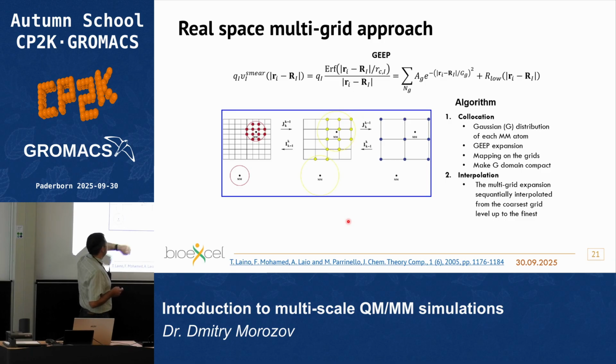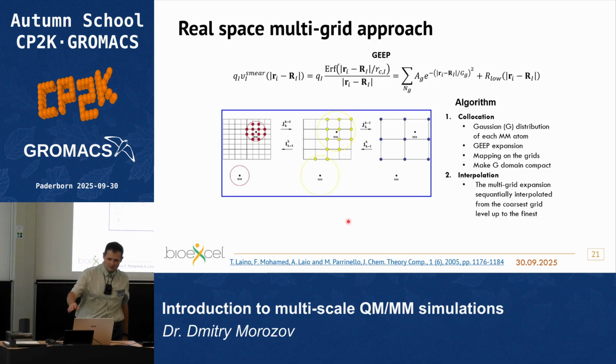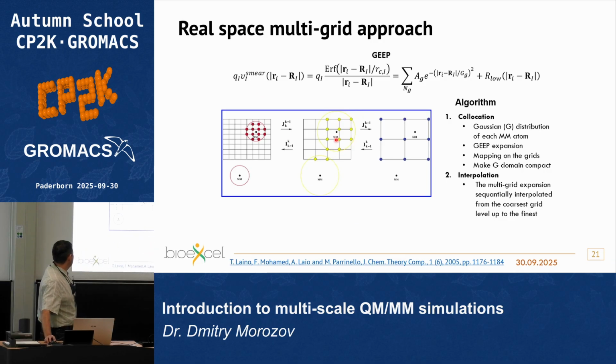So for the second Gaussian, you see that it can be projected already for this point charge, the yellow one, onto a coarser grid. How it's determined onto which grid it is projected is also explained by Thomas in the previous lecture. It is basically determined by the number of points that the Gaussian covers on the grid.